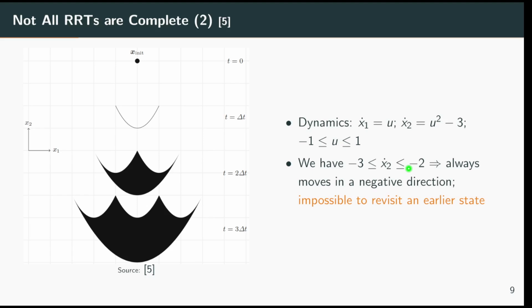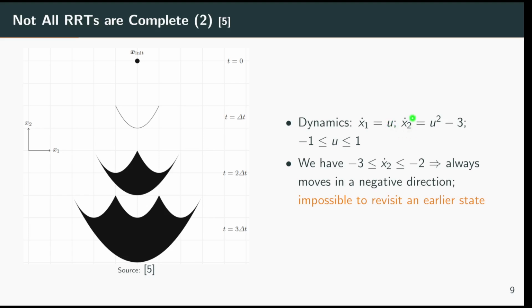Okay, and then the example they came up with is very concrete, but also super abstract. It's a two-dimensional problem, which has the state space x1 and x2. And it's a kinodynamic problem with a single control variable. So your control variable u can be between -1 and +1. And then the change of your variables is defined like that. The change of this x1 variable is simply u, so linear.